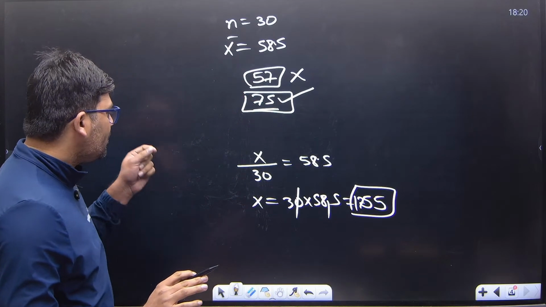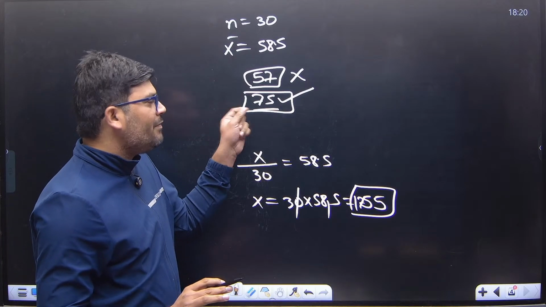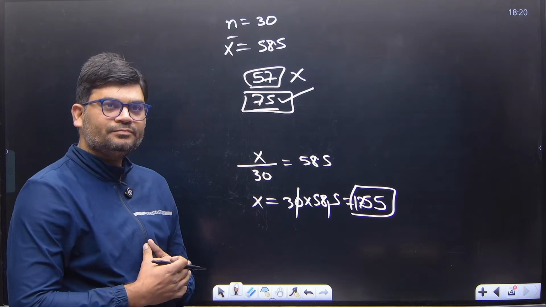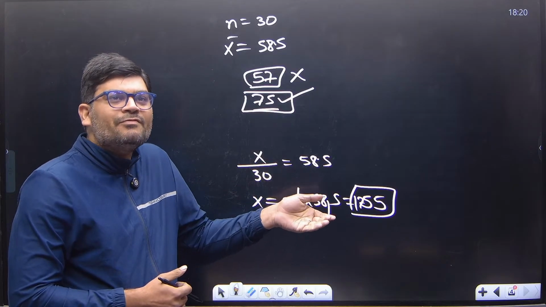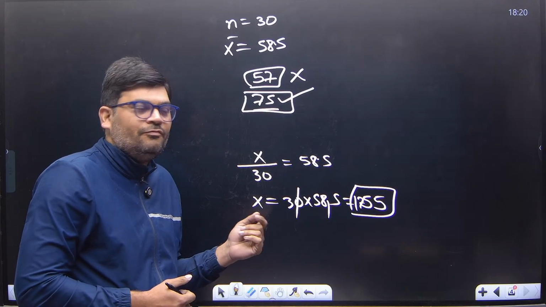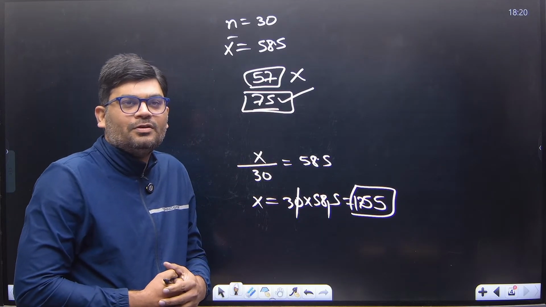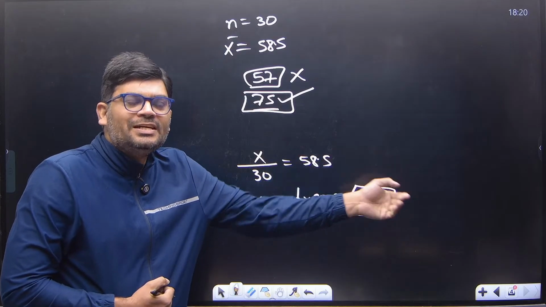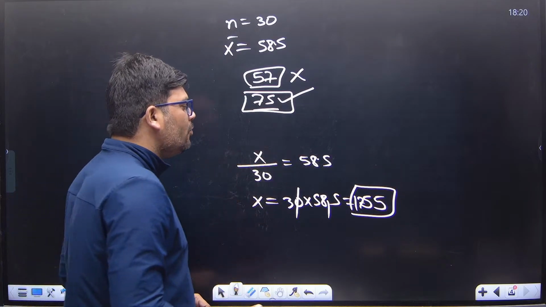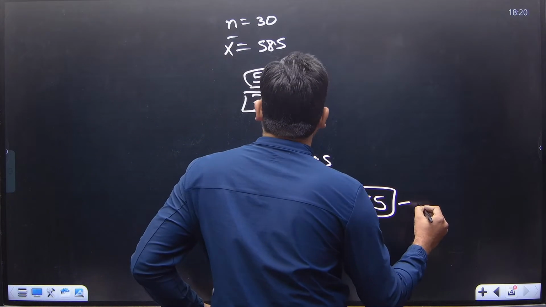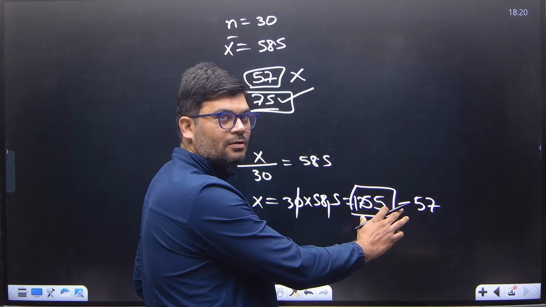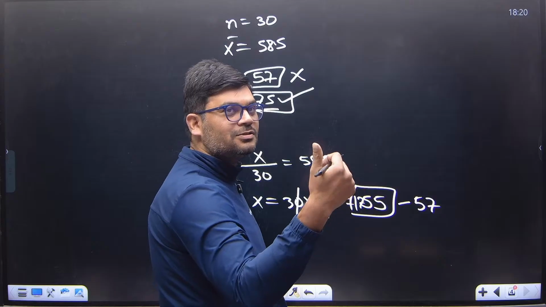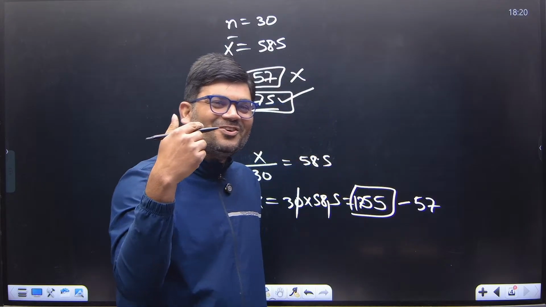But we were supposed to add 75 instead of 57. So that means we have added something which is less, which came out to be 1755. So how much more is needed in that? You can subtract 57 from this. Sir, can we directly add 18? Yeah, that's what I was about to ask you.